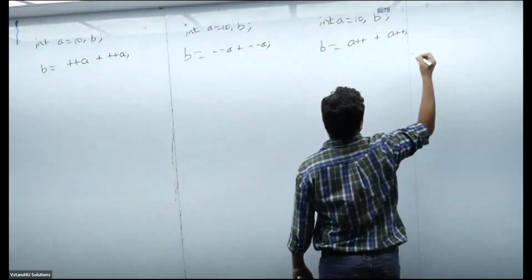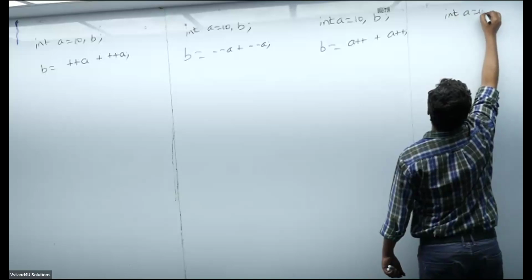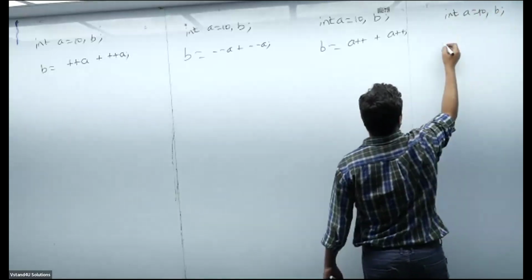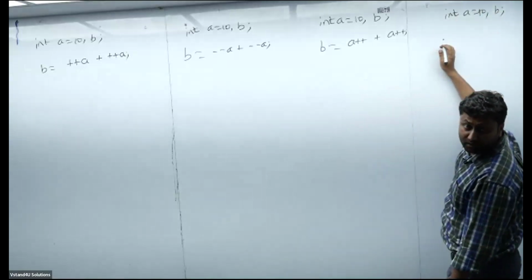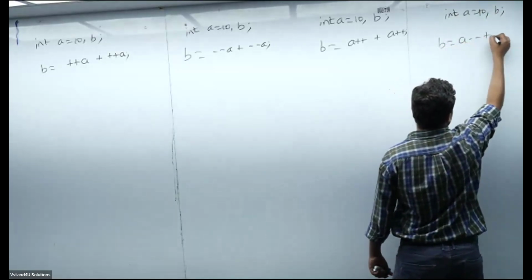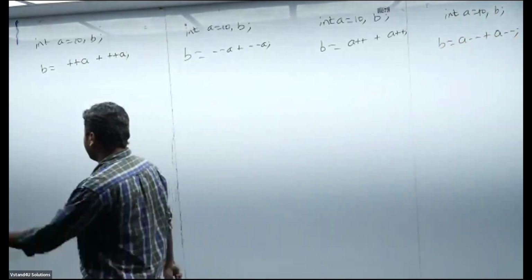Are you getting my point? Then over here int a equal to 10, b equal to nothing. Are you with me, guys? Everybody focus. Clear? Then b equal to a-- + a--. Agree? Then at the end, what should I do, sir?